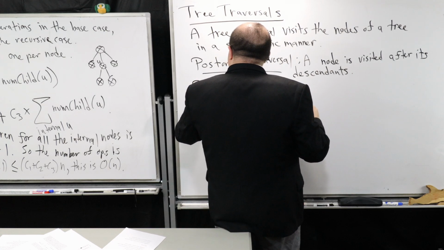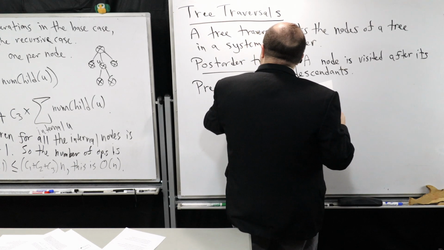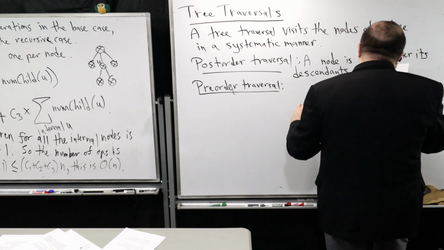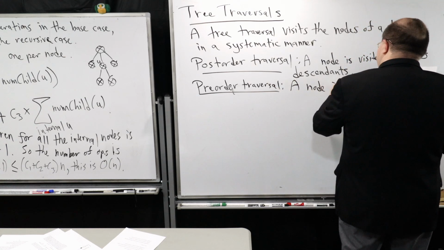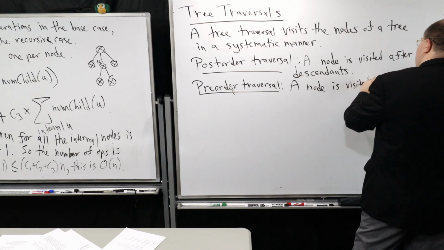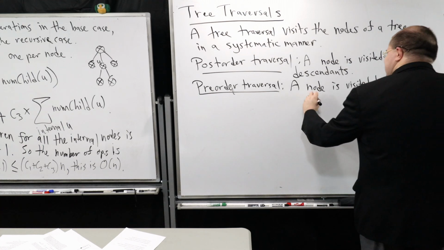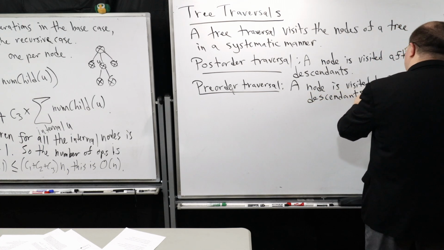Pre-order traversal. A pre-order traversal is simply the same thing. A node is visited before its descendants. So I'm going to write out a skeleton for what one of these would look like.